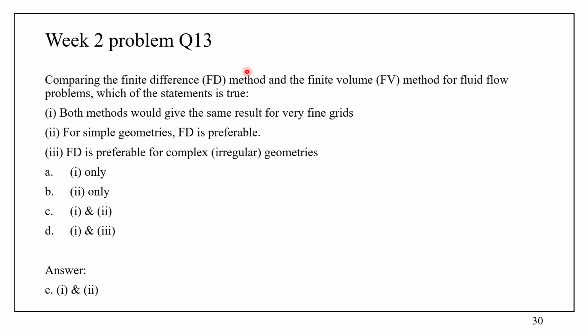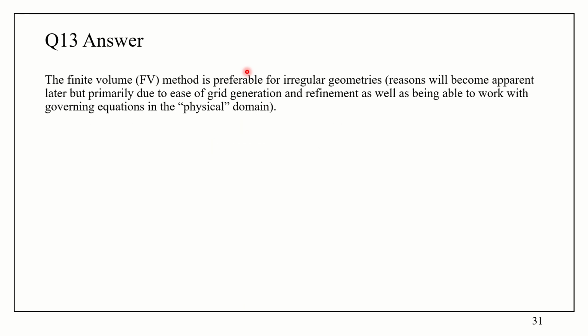Because when the grid size is very fine, both methods would give the same results. So for option C, the first statement is right. And the second statement, for simple geometries, the finite difference approach is preferable, whereas the finite volume approach is preferable for irregular geometries, primarily due to the ease of grid generation when dealing with irregular complex geometry, and refinement will be better with the finite volume approach.